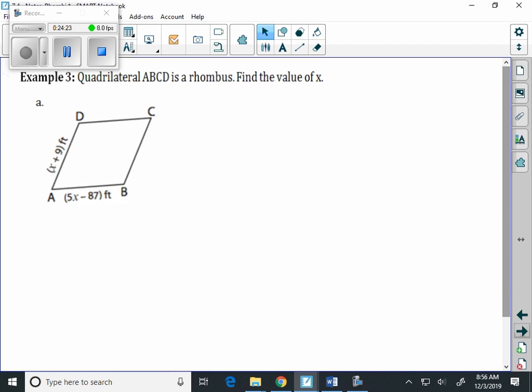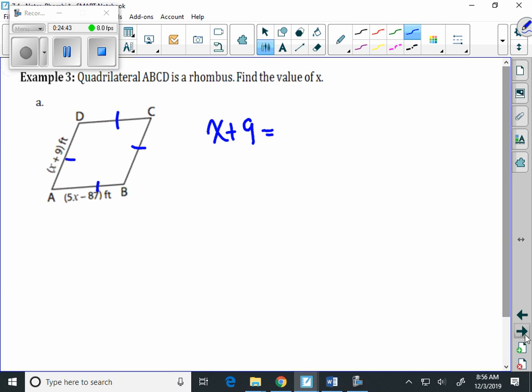Quadrilateral ABCD is a rhombus. We want to find the value of x. Well, once again, with regard to a rhombus, this length and this length and this length and this length are all the same. And because they have 4 congruent sides, we can say that x plus 9, that side length, is the same as 5x minus 87. Solve it the way your Algebra 1 teacher taught you. I'm going to move my variable to the left.